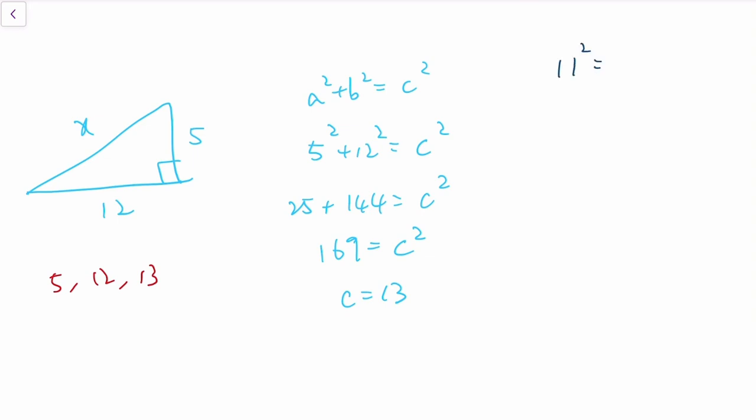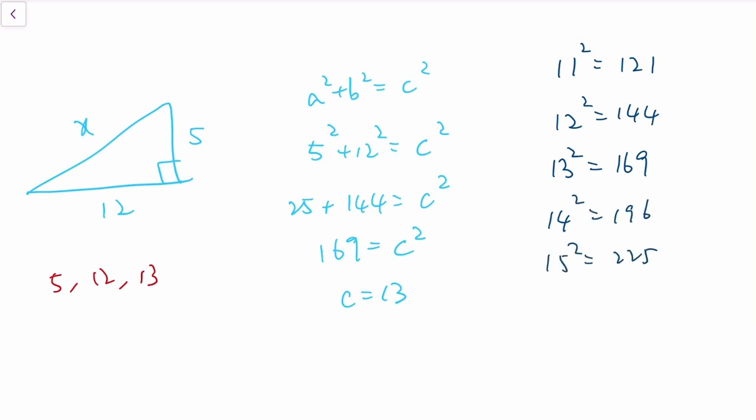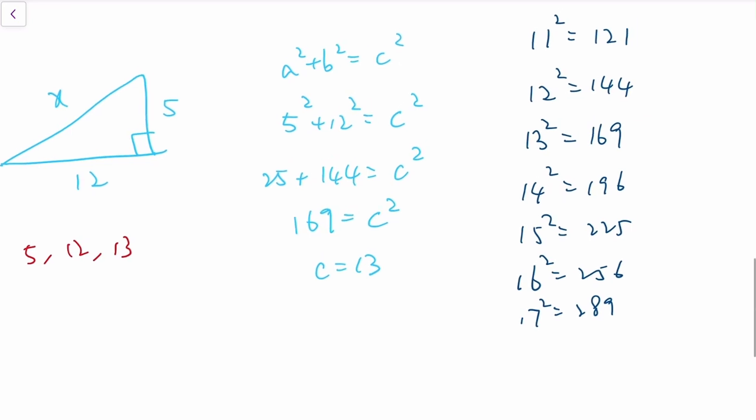So in case you want to quickly memorize all the squares from say 11 to 20, I can quickly calculate it for you. Then you can try to memorize it. 11 squared is 121. 12 squared is 144. 13 squared is 169. 14 squared is 196. 15 squared is 225. 16 squared is 256. 17 squared is 289. 18 squared is 324. 19 squared is 361.